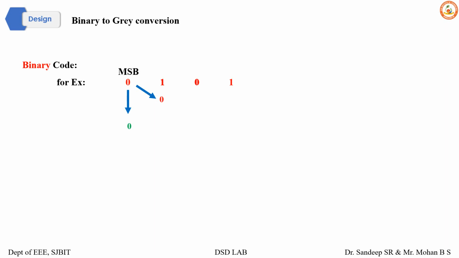So 0 comes below 1 and when we add these two we get 1. Similarly, 1 is shifted towards the right, so 0 plus 1 again gives 1. Subsequently the 0 is again shifted down, so 1 plus 0 gives 1. So the equivalent gray code is 0111.